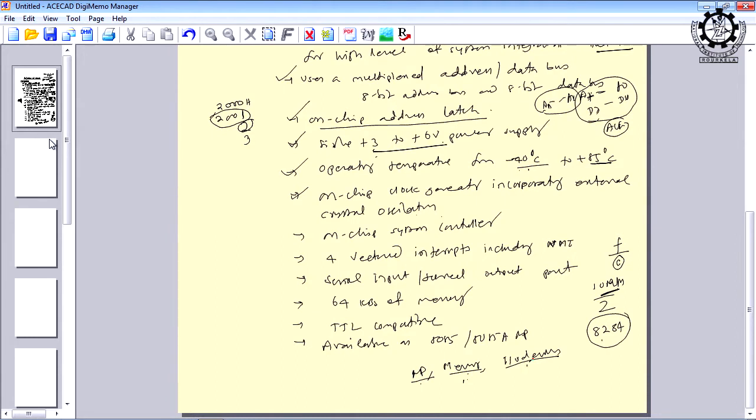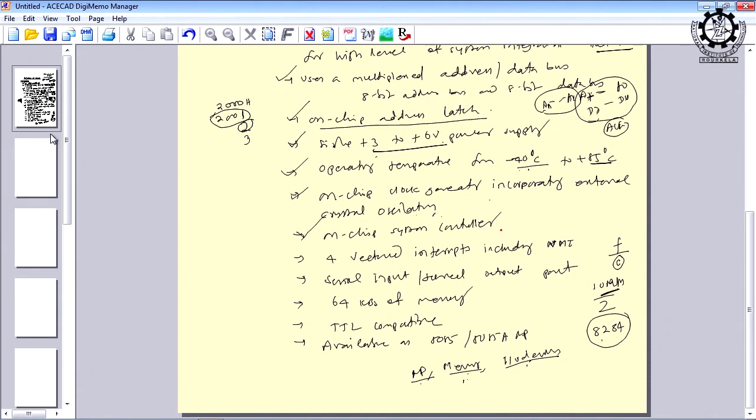So, anyway, from this it is clear that we have an on-chip clock generator incorporating external crystal oscillators. Again, we will discuss in more detail 8284, what internal components are available in 8284 and how many pins the package has. Since it is an IC, it will have a number of pins. Next important is it has an on-chip system controller for timing and control unit.